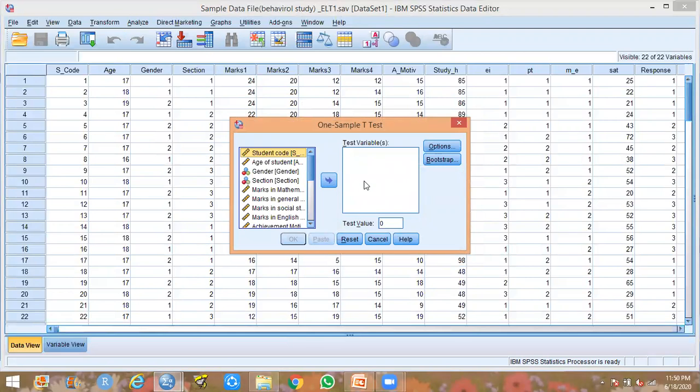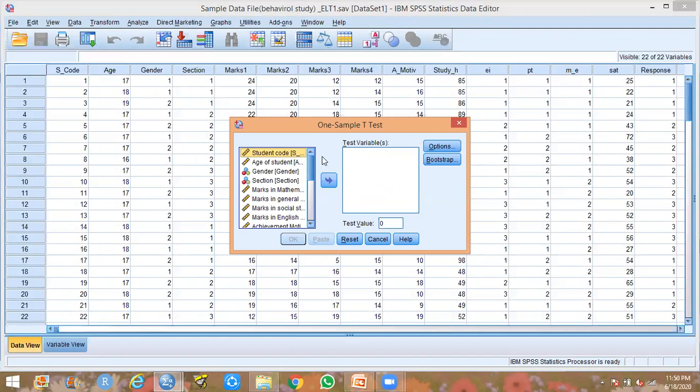So here the t-test is a tool which gives an idea how to test the mean of the population, mean marks of the students in a particular subject. That is an inferential statistics tool based on the sample. Here the size of the sample is of course large, even though I am taking the t-test, right?